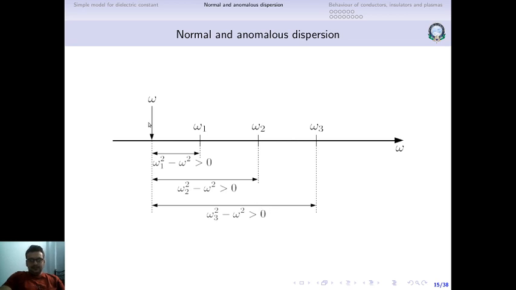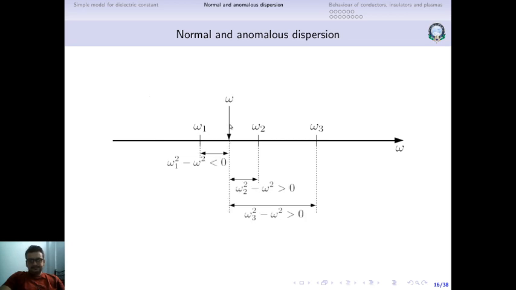Now we increase the frequency, and let's say we bring the frequency somewhere over here. Now for this resonant frequency, the applied frequency is greater than this. As a result, omega 1 square minus omega square will be negative. But for this and this, they still remain positive. So these two resonant frequencies will still make positive contributions, but this will make a negative contribution.